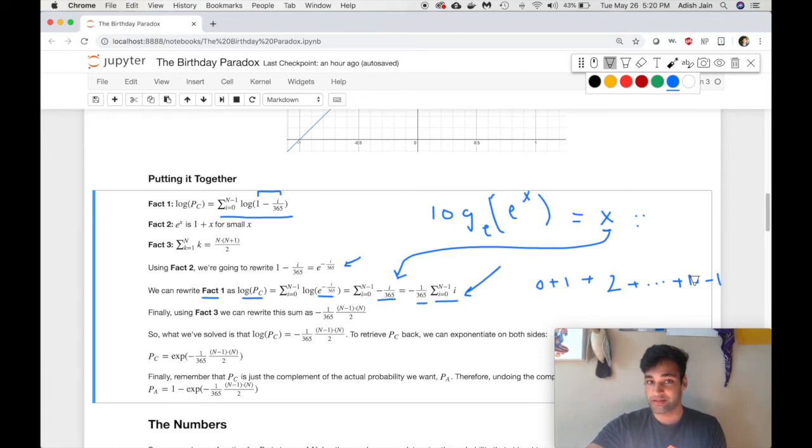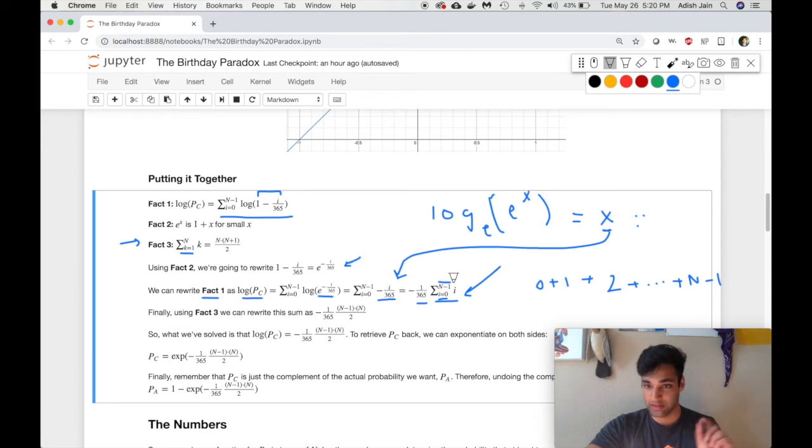So now this should immediately strike you as the sum of the first n natural numbers. And so we're going to be able to use fact 3 here, right? This useful sum, except we have to be a little careful about the indices, right? So here we're summing from k equals 1 to n. Here we're actually summing from I equals 0 to n minus 1.